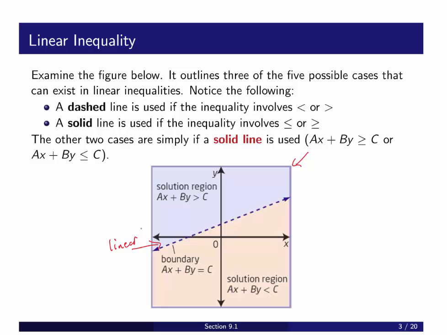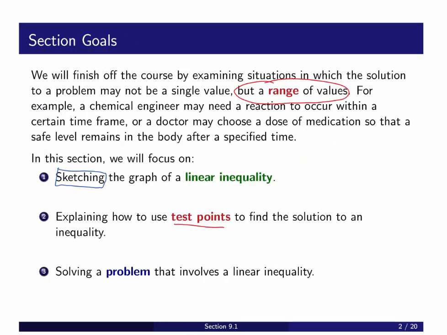However, in inequalities, we're going to be interested in a region that will satisfy a problem. And actually many problems are like this. The example I gave on the previous slide is, suppose a chemical engineer wants a reaction to occur within a certain time frame, perhaps to limit the number of pollutants that the reaction gives off. That might not be a single solution, right? You have a time frame, you have a range of values.